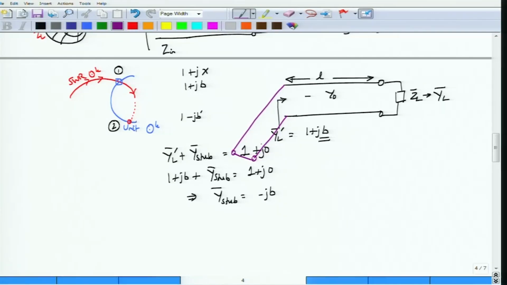Again, these admittances can be obtained. Remember, open circuited or short circuited transmission lines would always give you capacitive or inductive reactances, so it would always give you imaginary parts.